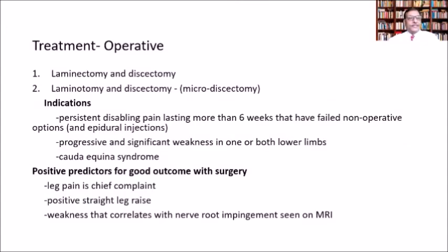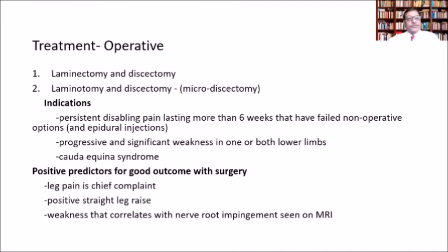What is the operative treatment that we can suggest? It is laminectomy and discectomy. Discectomy is to be done at all costs. The disc which is compressing over the cord or the root has to be removed either by laminectomy or by laminotomy.